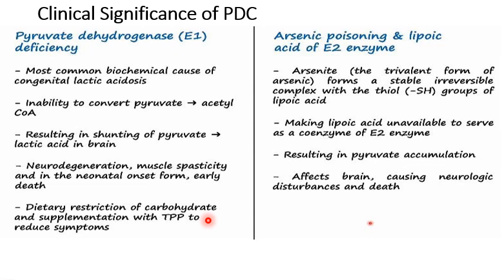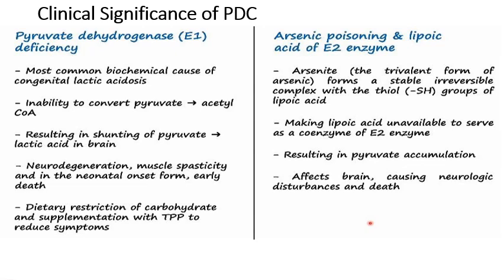Another clinical significance is arsenic poisoning. In arsenic poisoning, the lipoic acid is the one that is hindered. When lipoic acid is not there to carry the acetyl group to coenzyme A, it also causes the accumulation of pyruvate.